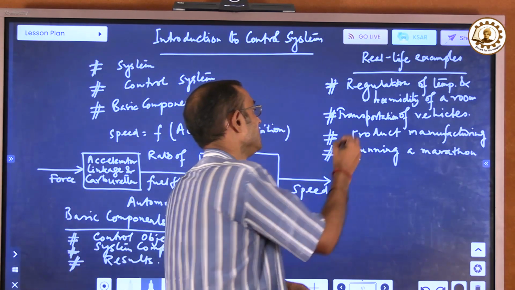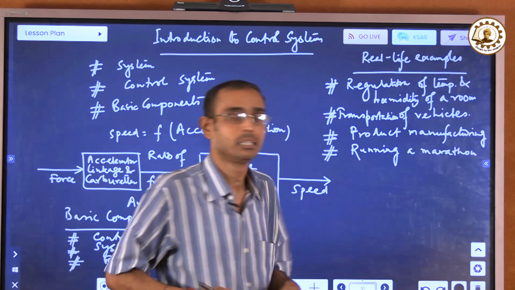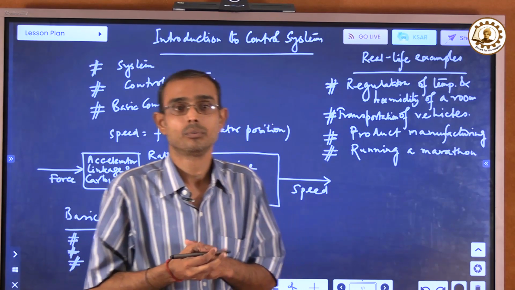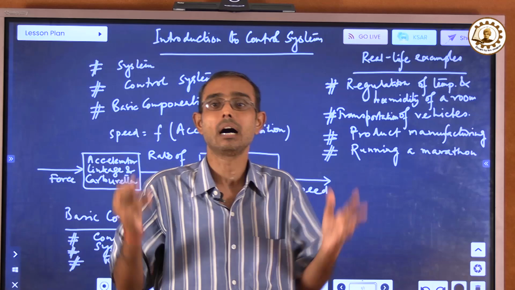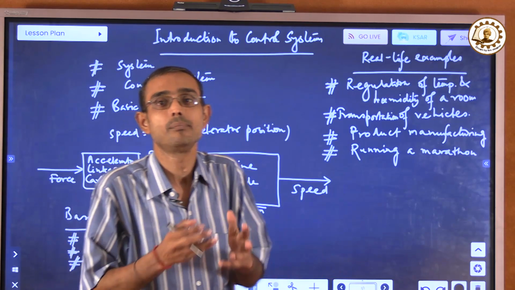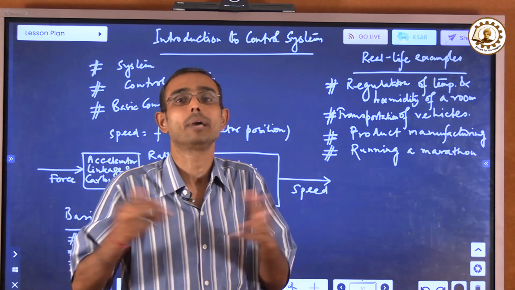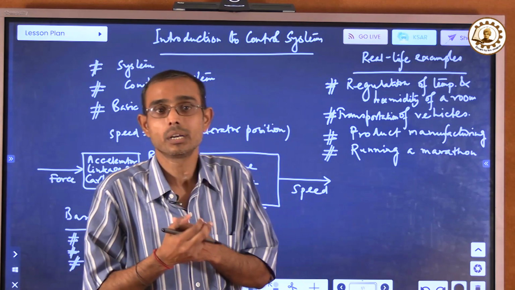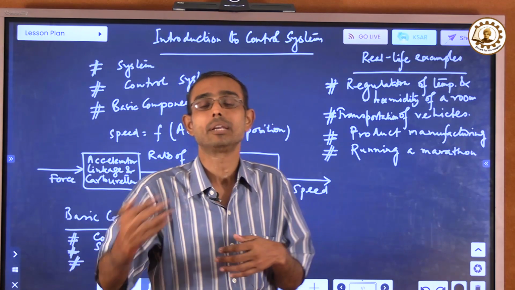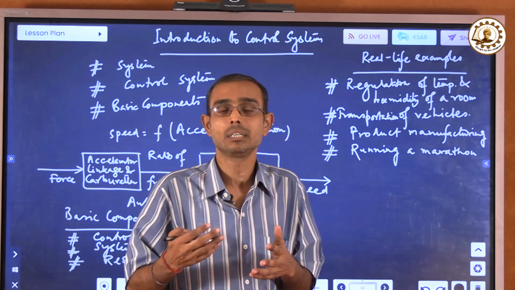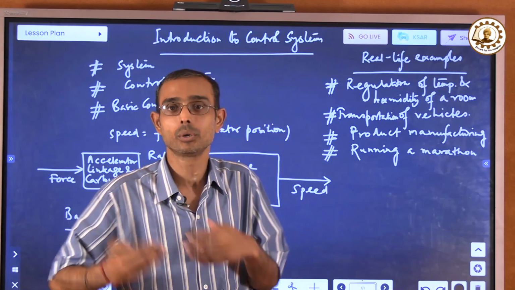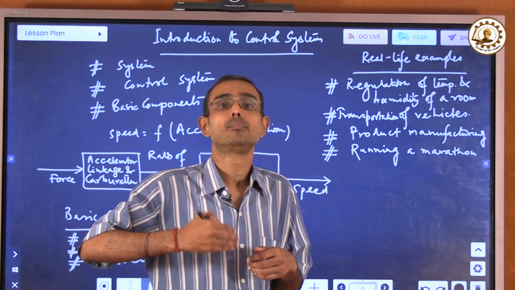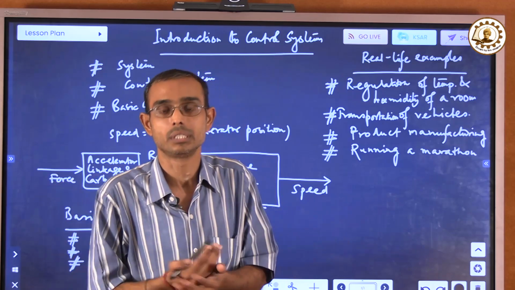Another real life example is product manufacturing. In the manufacturing industry, they are specifically dealing with the preparation or manufacturing of some products. Every organization in manufacturing always wants assurance of quality, the yield of production, and the costing.